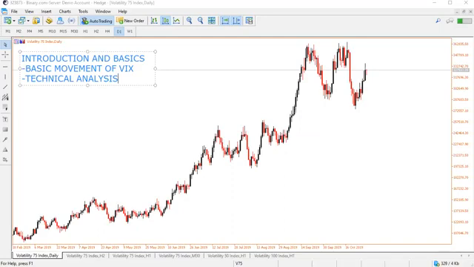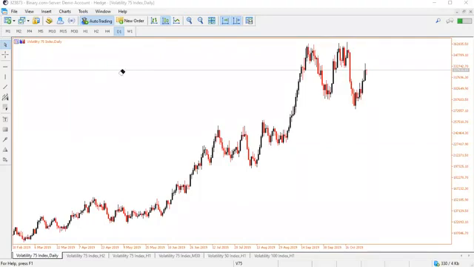With these basic movements, all you need to know is that VIX normally moves in M or W patterns, right?